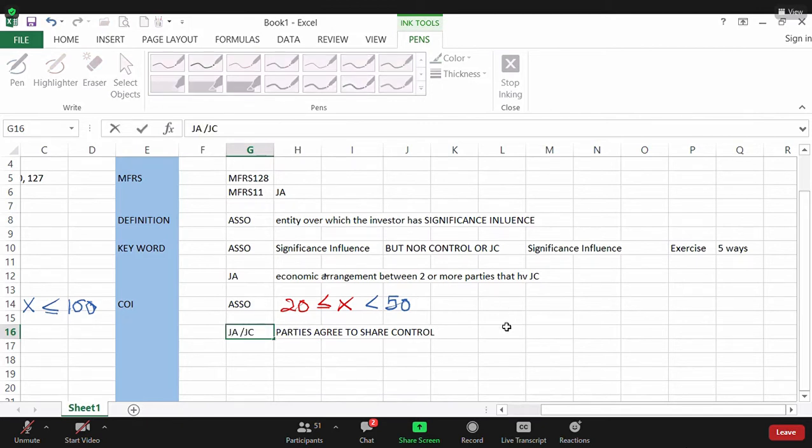The keyword for this one is you have to highlight unanimous. If you find it in your textbook, unanimous consent. Unanimous consent means that everyone agrees on the same objective, to have sharing control.